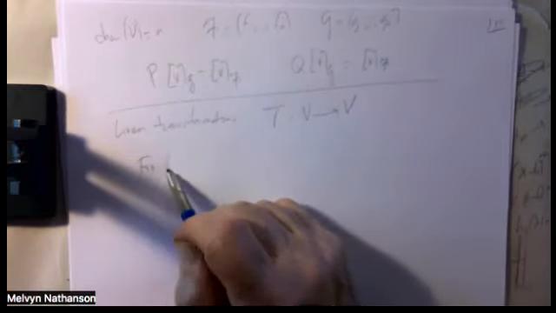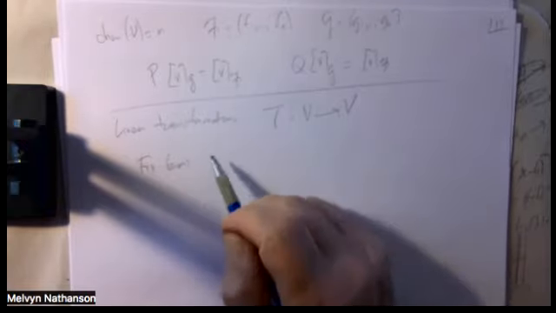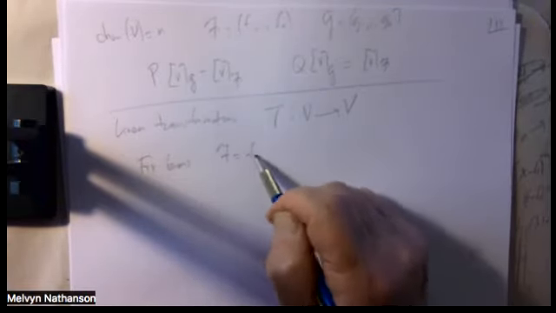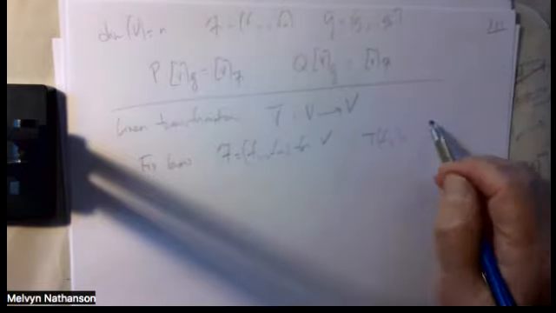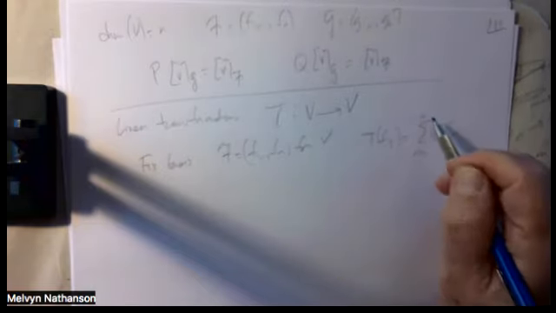So we fix a basis, let's say F, for V. So each vector in the basis, T of F_j, is some vector in V, so it's some linear combination Σ A_ij F_i, where i goes from 1 up to n.